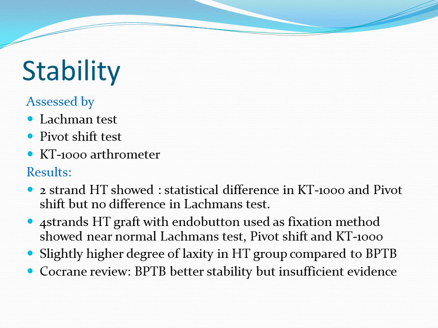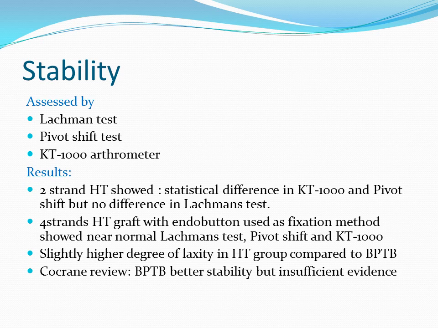Stability was assessed using the Lachman test, pivot shift test, and KT1000 arthrometer. The result was, when a two-strand hamstring tendon was used, it showed a statistical difference in KT1000 and pivot shift, but there was no difference in the Lachman test.